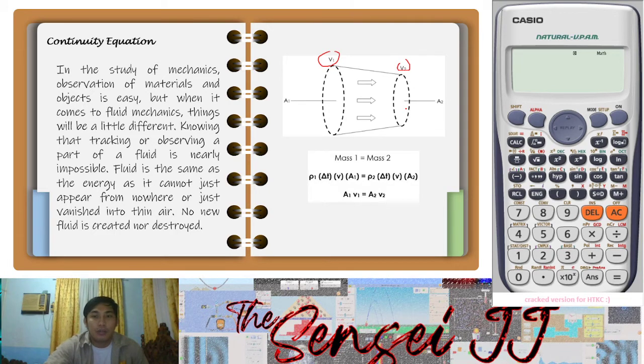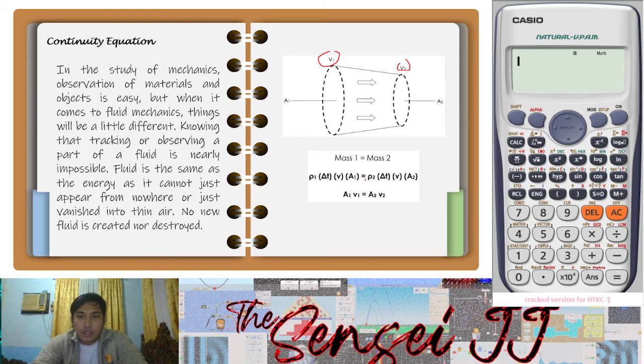So we have here mass 1 and mass 2, but as you can see, guys, mass 1 and mass 2 will be equal. Meaning the volume times the area, volume 1 and area 1, will be equal to volume 2 and area 2. So we have here a formula of rho times the temperature and area.